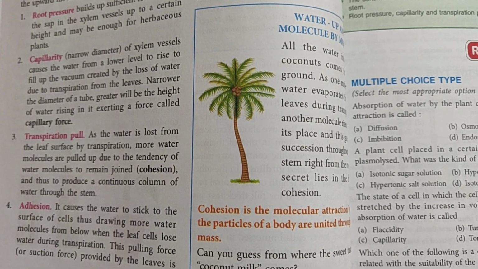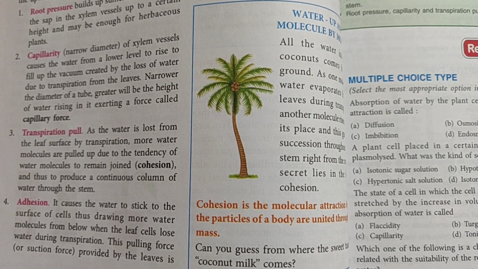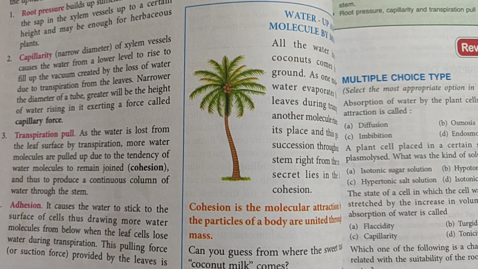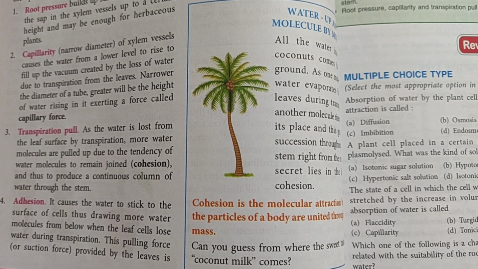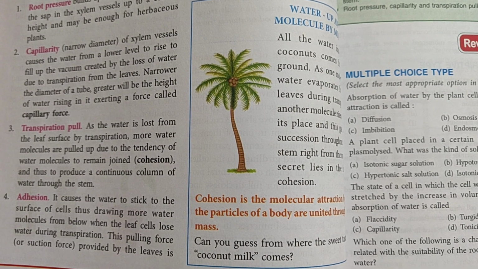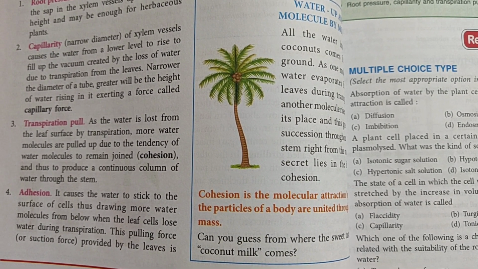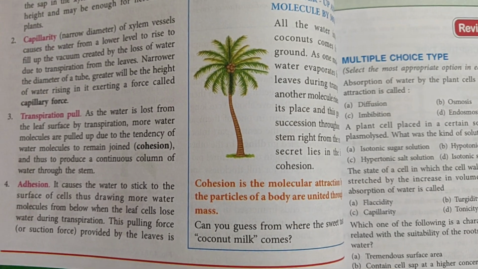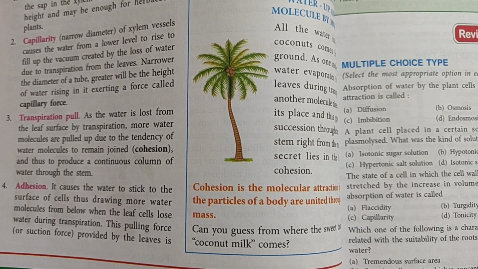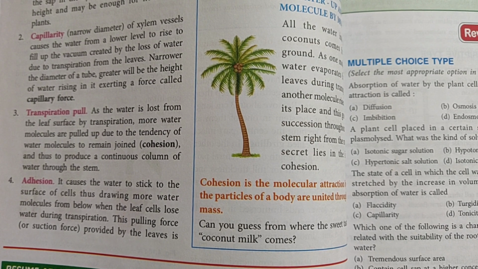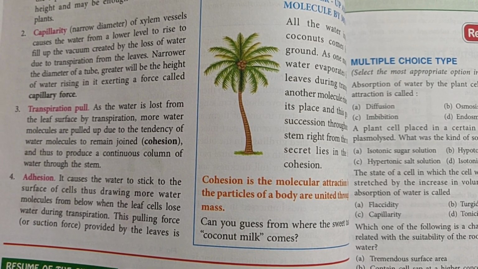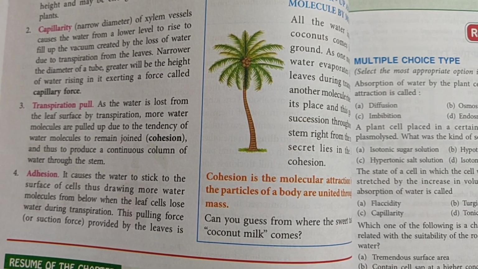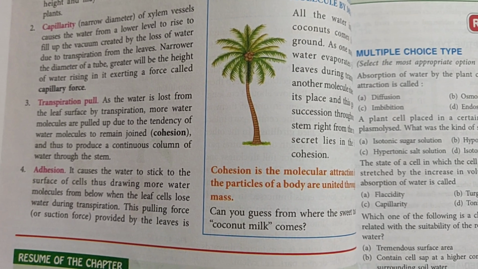But due to the narrow diameter of xylem vessels, the water from a lower level can rise to fill up the vacuum created by the loss of water due to transpiration of the leaves. Now, narrower the tube, greater will be the height of the water rising. The force that it exerts to rise is called the capillary force.